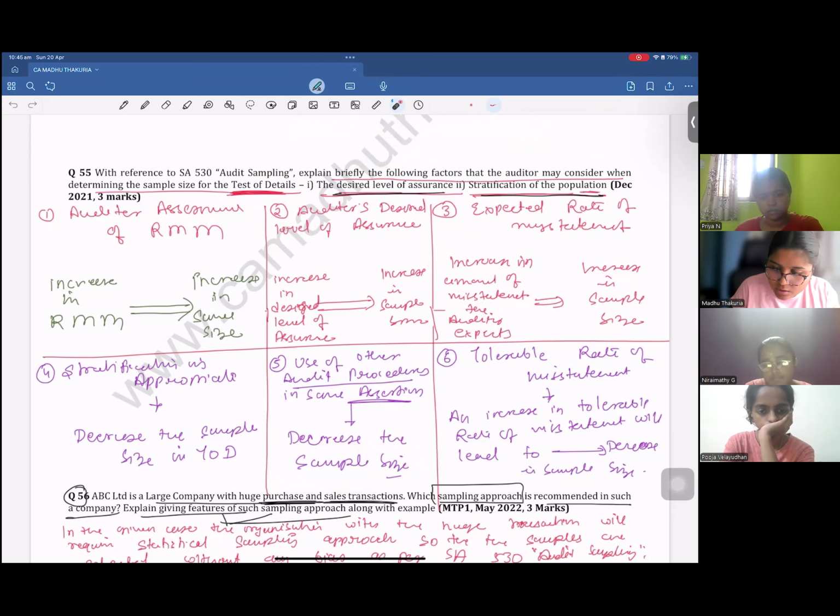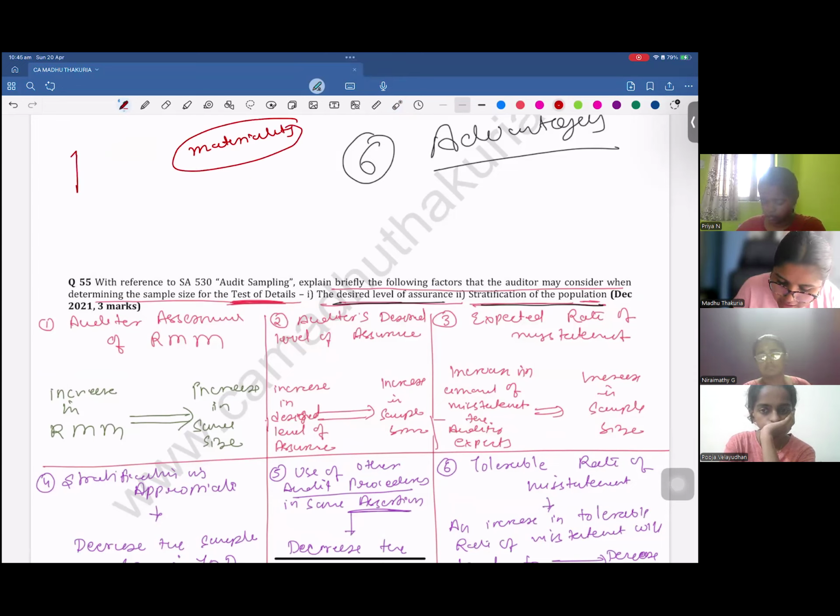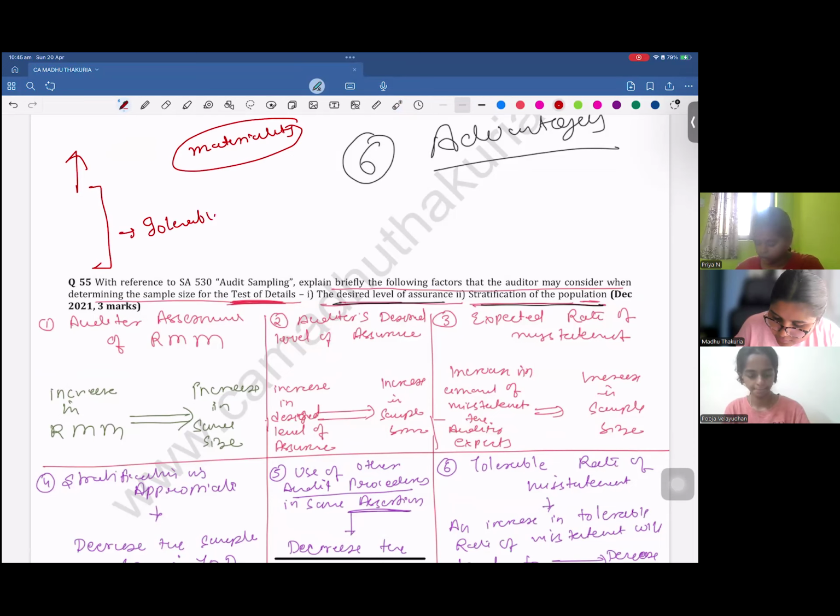Now here comes the last example, materiality. Whenever you say that your materiality is high, that means your tolerable rate of misstatement is high. For example, you say my overall materiality is 5 lakh.